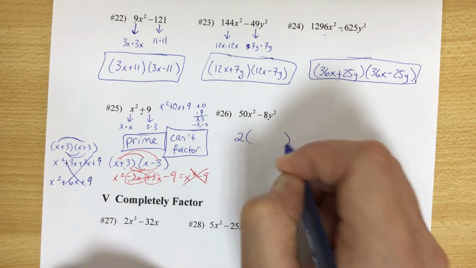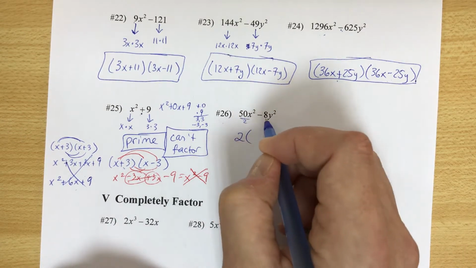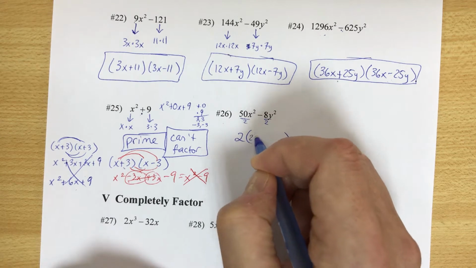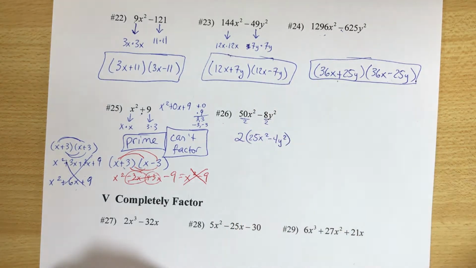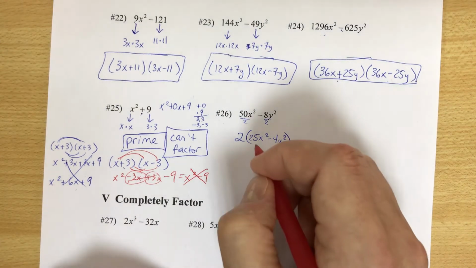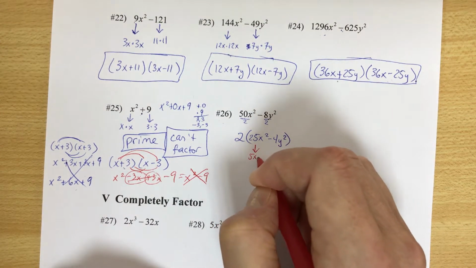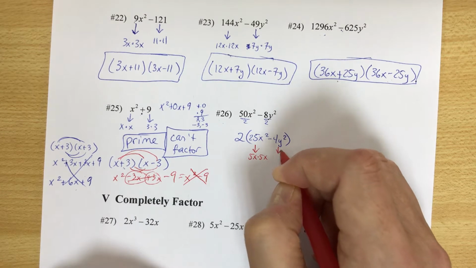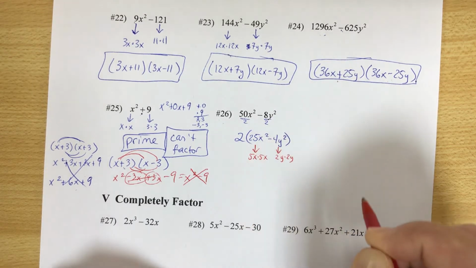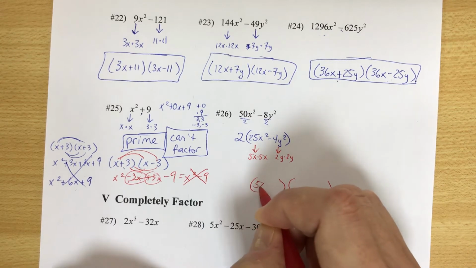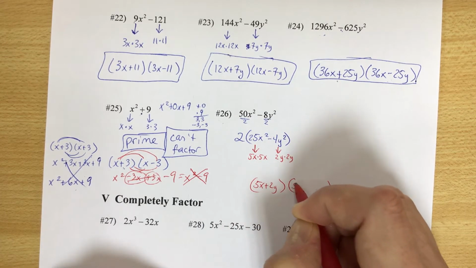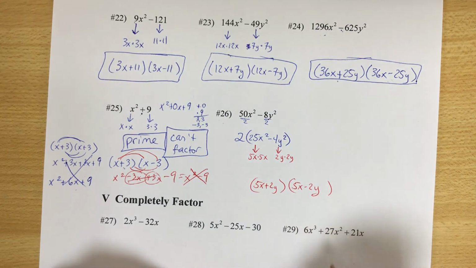I'm going to factor out a 2. And when I divide that out, we get 25x squared minus 4y squared. Look at that. That's perfect. That's 5x times 5x. 4y squared, the square root of that is 2y. That one does factor. So that's 5x plus 2y times 5x minus 2y.